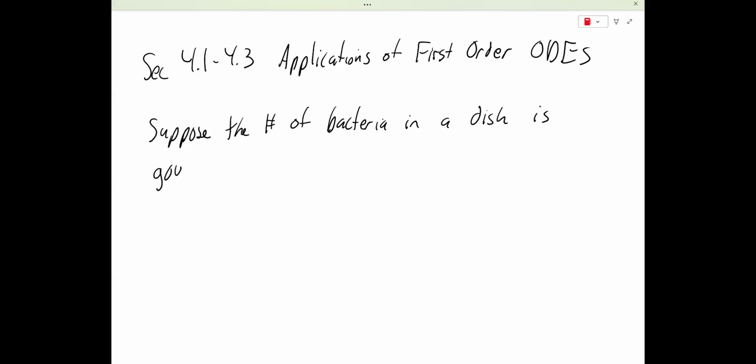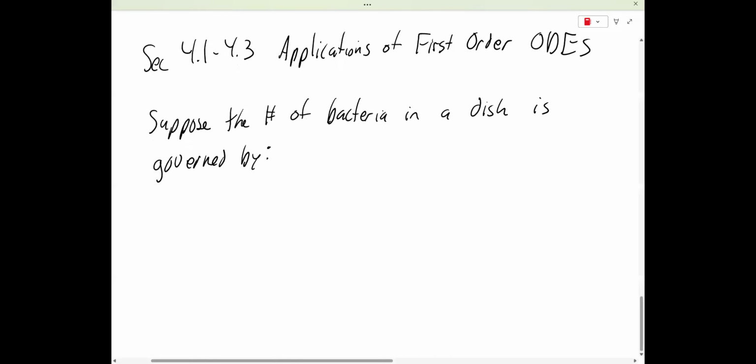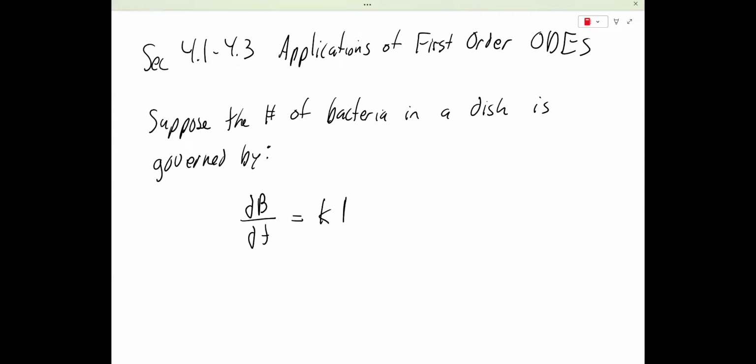is governed by, so it's like a model for it. Let's say the number of bacteria B, dB/dt is equal to kB. So B is the number of bacteria and t is time, because the number of bacteria is a function of time in a dish, like a petri dish.